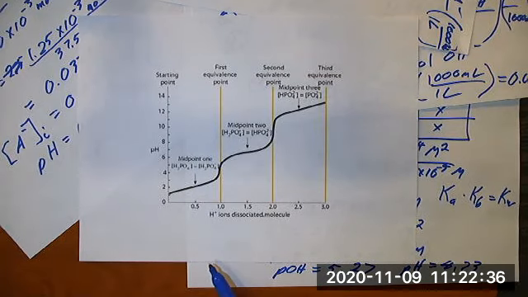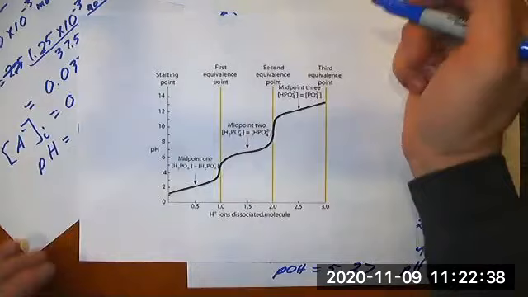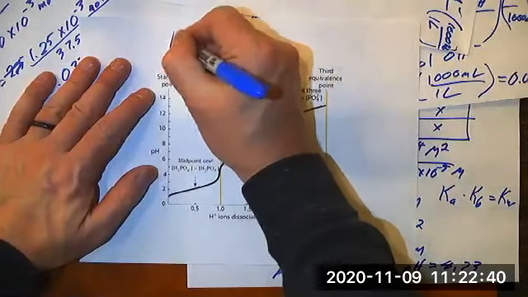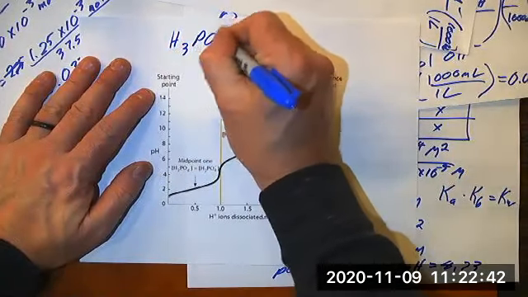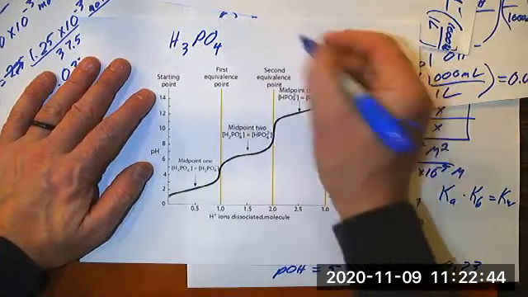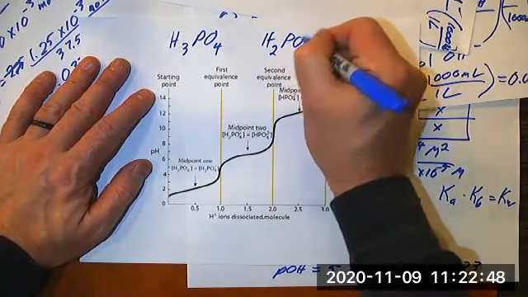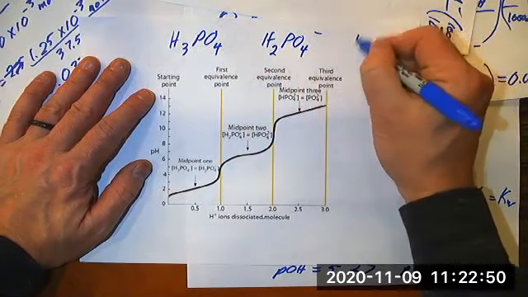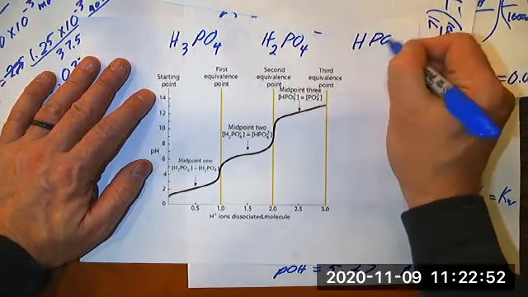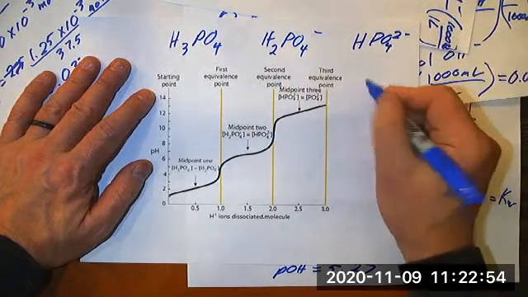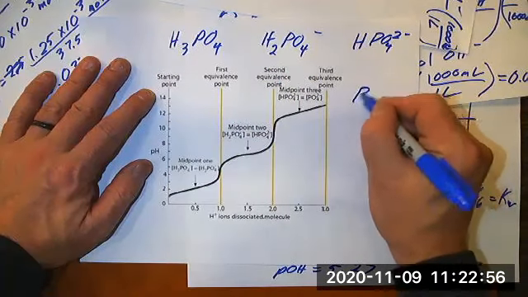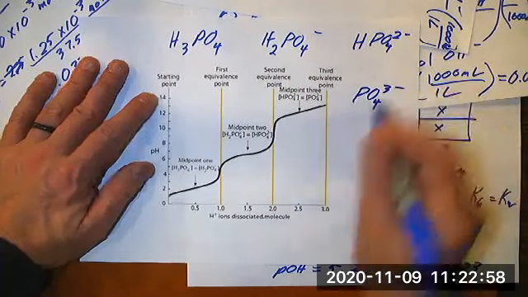And so it is a triprotic acid. I'm sure this may be a little hard to read. So we're looking at H3PO4, which loses its first proton to become H2PO4 minus, loses a second one to become HPO4 2 minus, and then can lose its third one to become PO4 3 minus.